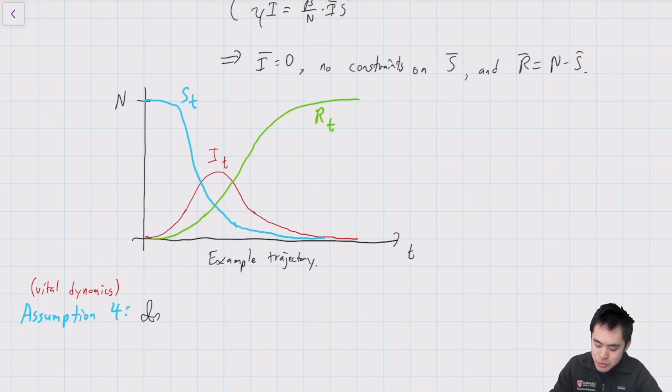We're going to do this in a sort of weird way, to let individuals die but keep constant population.